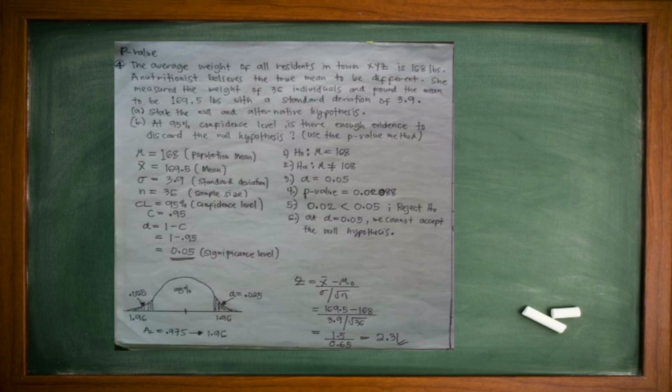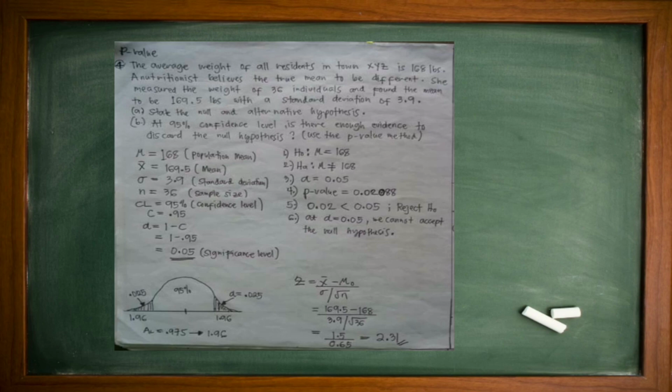Okay, so kung makikita nyo po, nandyan po yung ating solution. So dito po, gumamit po tayo ng z or the normal distribution. So we just substitute lang po yung ating mga given.